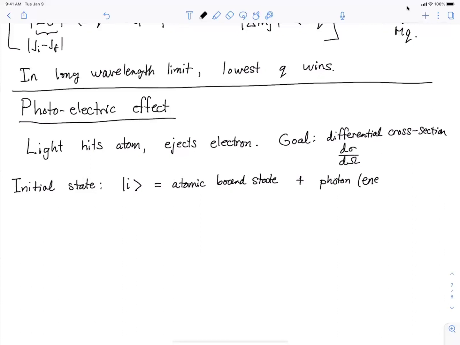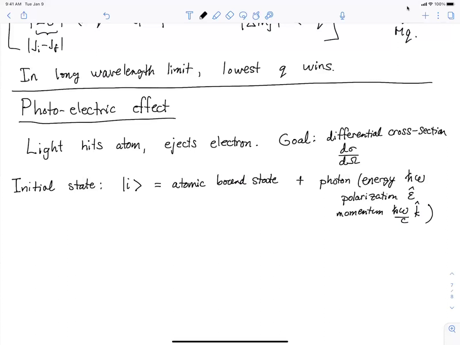It's just going to have energy that we're going to call h bar omega, and polarization, curly E hat, and momentum, which is the energy divided by the speed of light times the direction of propagation. So it looks like that, h bar omega over c times k hat.